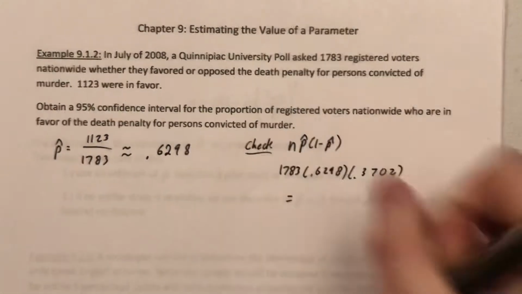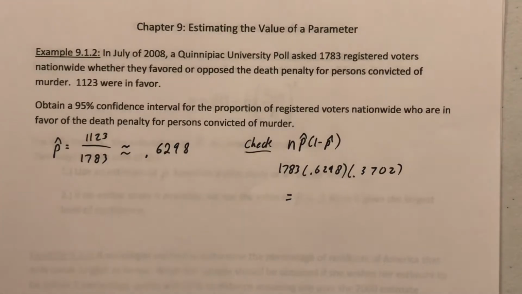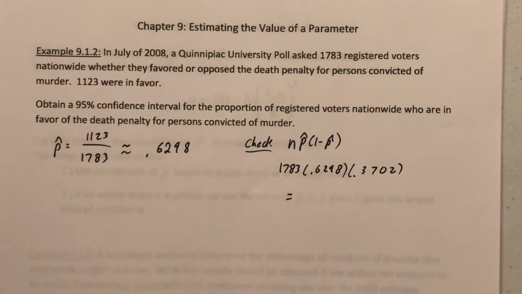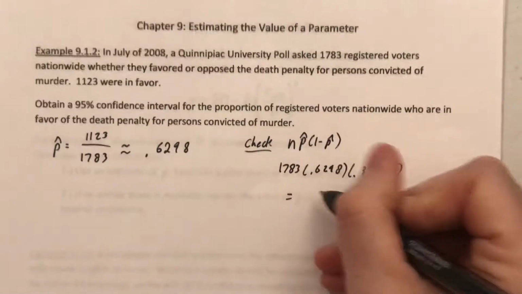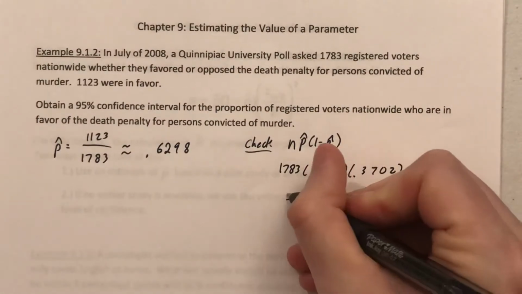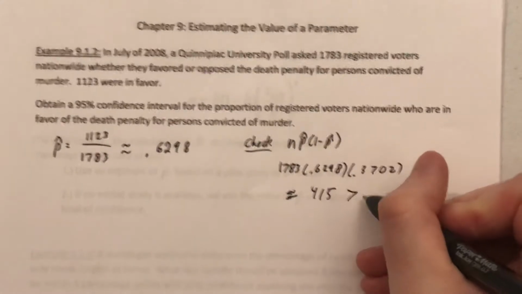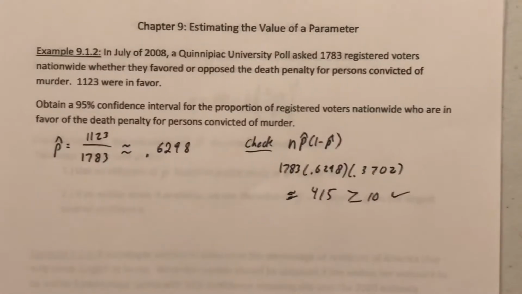Okay, let's see what that is really quickly. All right, I'm getting 415 and some change. Doesn't even matter. Way bigger than 10, so we're good.